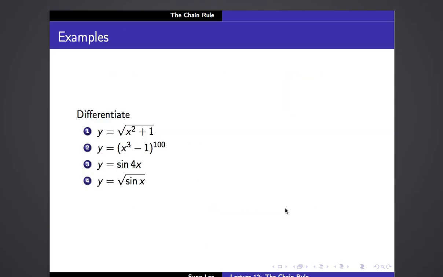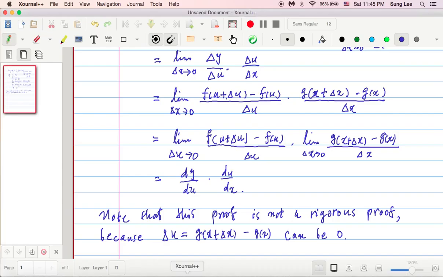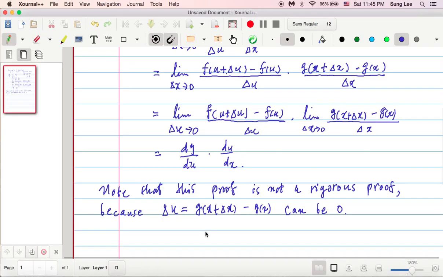So here are some examples. We are going to go over each one of them. To do that, let's get back to my notepad.